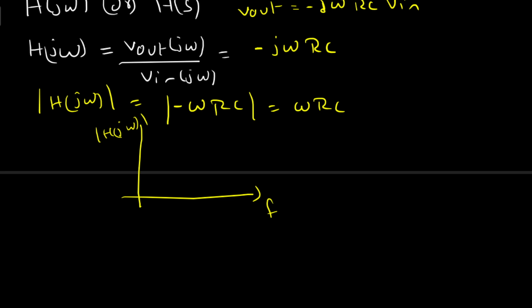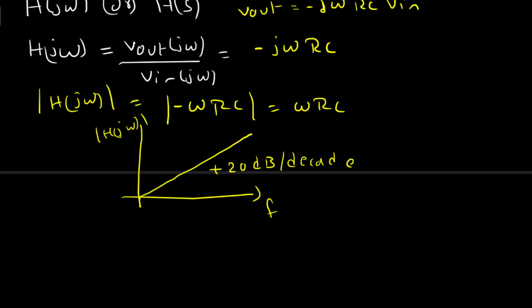Okay, generally the magnitude response looks like this, for a differentiator having a slope of 20 dB per decade.